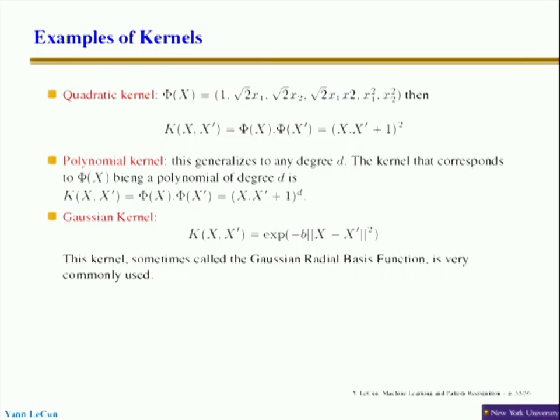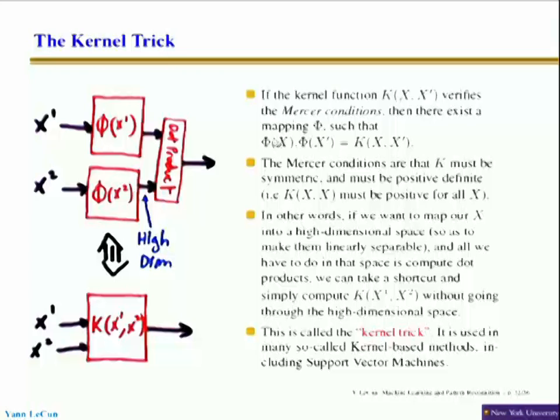And here's a very quick example for a degree 2 polynomial classifier. It's based on a result from analysis that says that if a kernel satisfies the Mercer condition, then you can view this kernel as a computation of a dot product in a high-dimensional space of features phi of x.